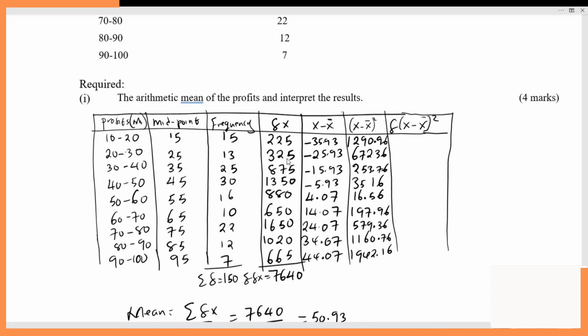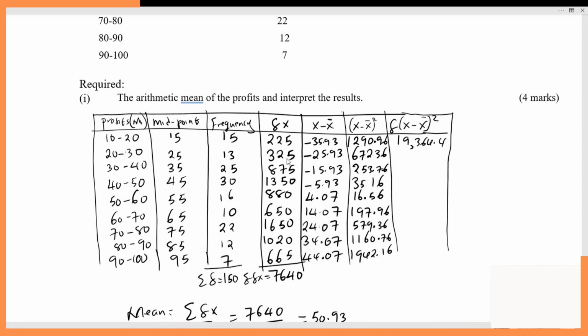The next thing is to find f into x minus x bar squared. So this column I'm going to multiply by the frequency. 1290.96 multiplied by the frequency, which is 15, gives 19,364.4.